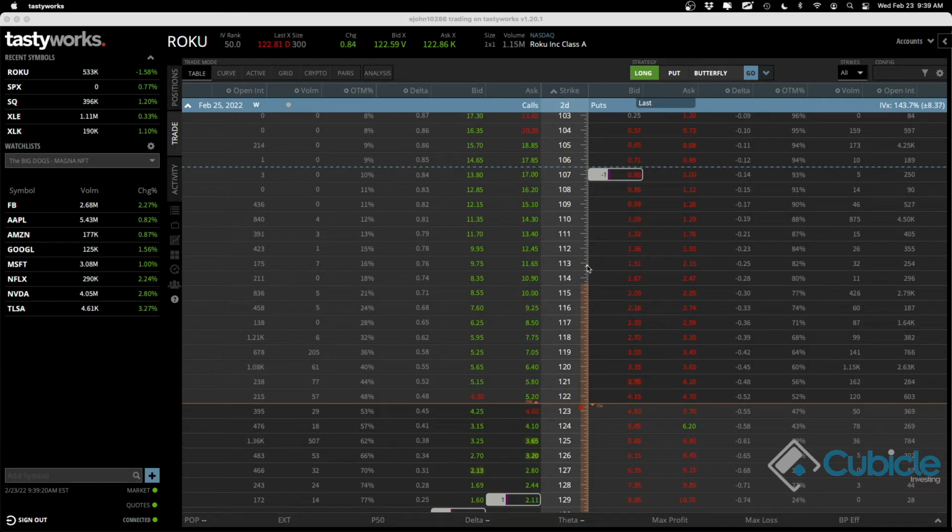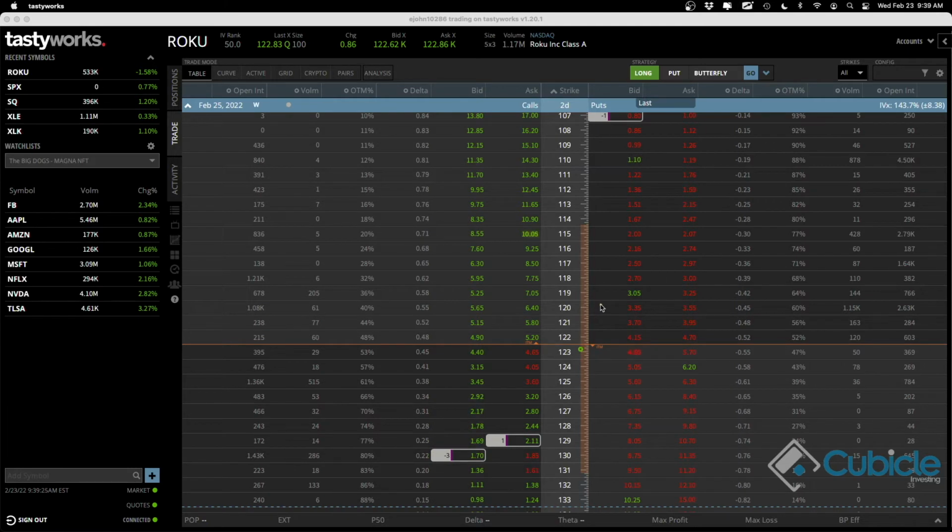And so essentially, the objective of this trade is for the price of Roku, which is conveyed by this circle here, as you can see here. The market is open right now. It just opened 9 minutes ago. The market opens at 9:30 a.m. Eastern Standard Time.